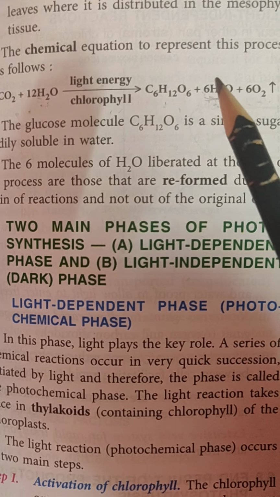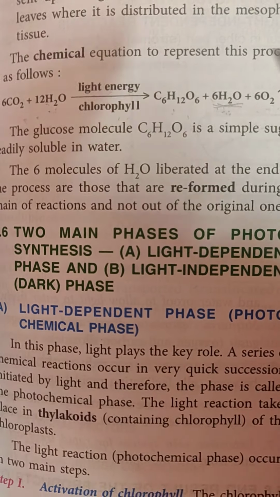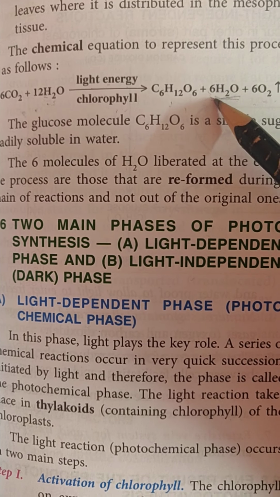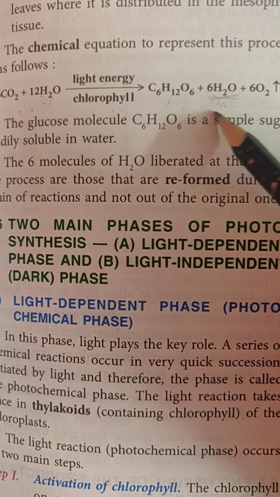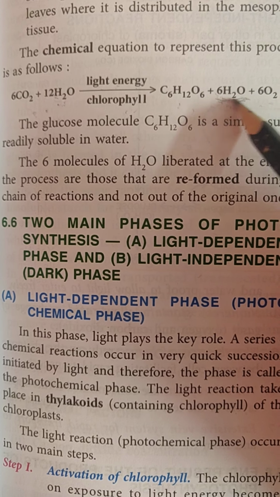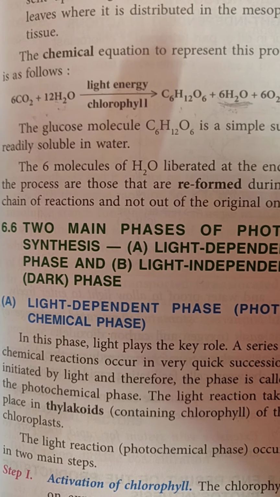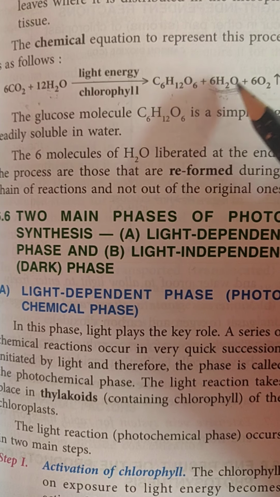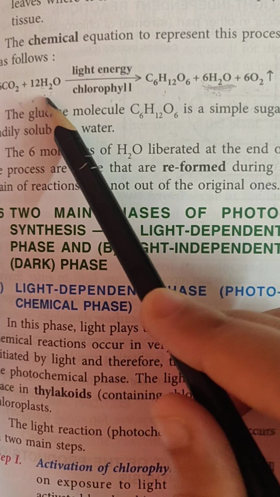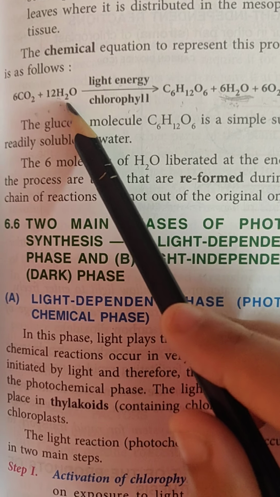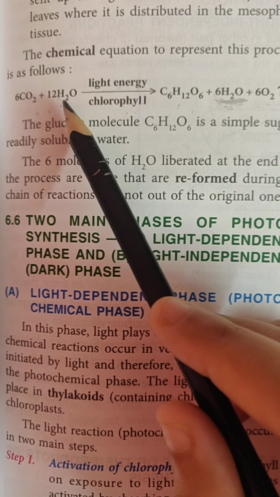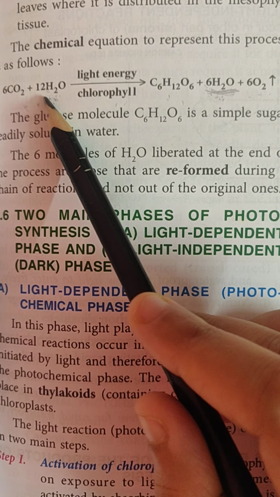Now, one of the many things that you should memorize, or that you should learn from now on, is that this 6H2O is not derived from the water molecules or from the water that is absorbed.